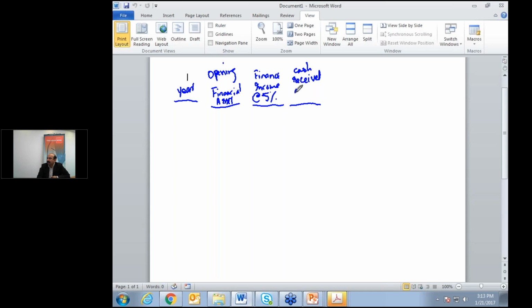Cash received will be calculated at the nominal interest rate, which is again 5%, and this will be our closing financial asset.